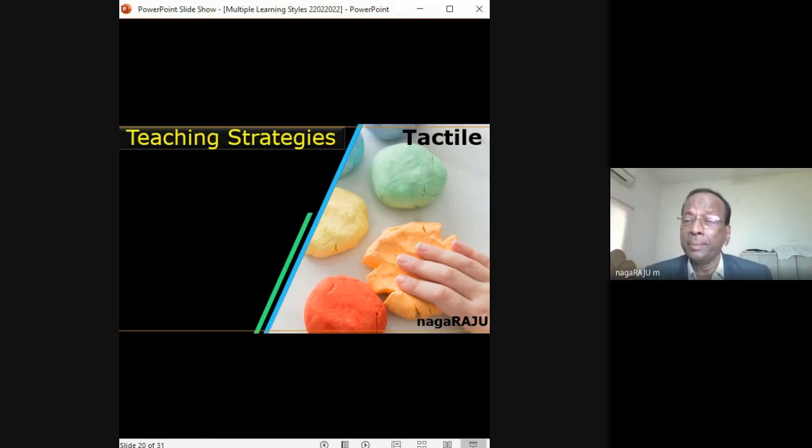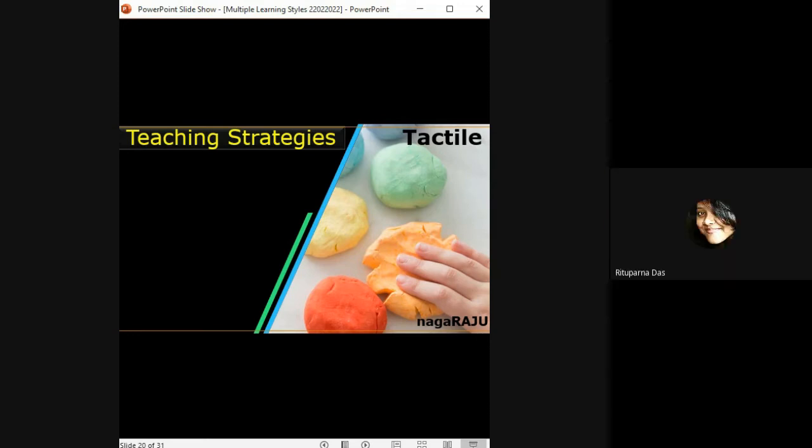Rituparna, would you like to add something? Yes, sir. This is specific to my field. I am an English language teacher, and for other people who are opting for alternative English, I am probably their language teacher. For my literature classes, we often need to study dramas. In the beginning of the class, I make groups in which they have to act out particular segments or scenes from their favorite acts of that drama.